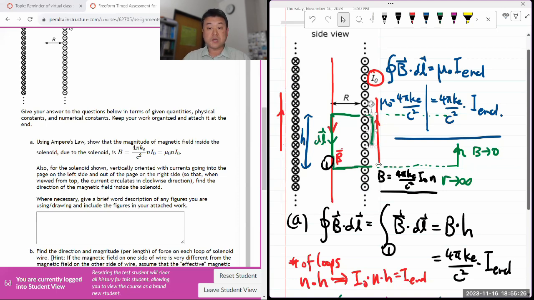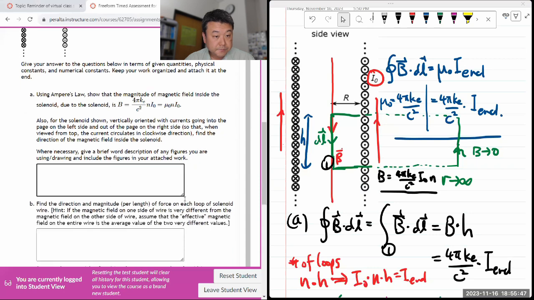So the line integral is the same, and that can only be true if the magnetic field immediately outside the solenoid is zero. So that's the last bit of argument you have to make to say, one, the inside field is uniform at this strength, and immediately outside it's zero.